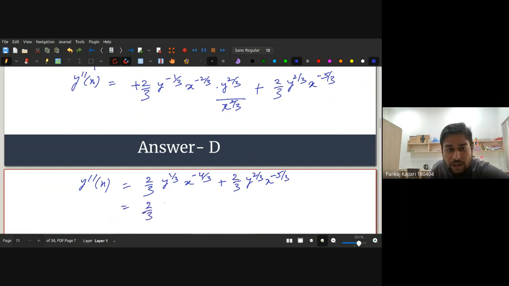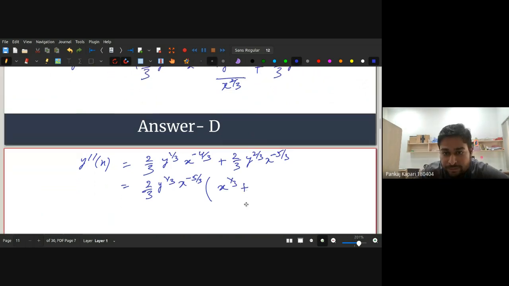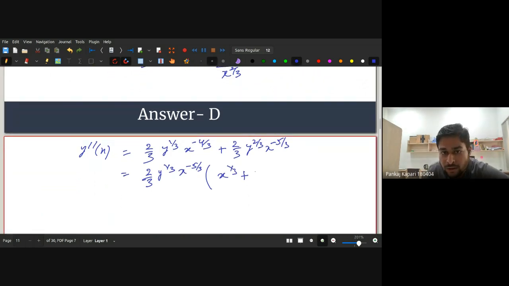Okay, take 2/3 common, y to the power 1/3 also comes outside, and x to the power minus 5/3 you can take outside. In the bracket you will have x to the power 1/3 plus y to the power 1/3.